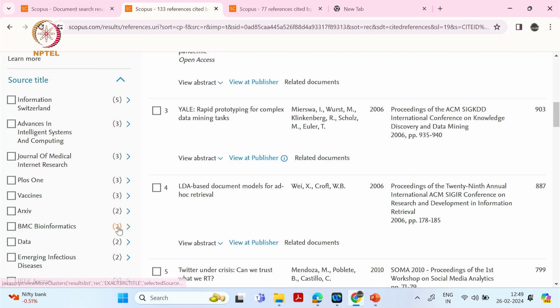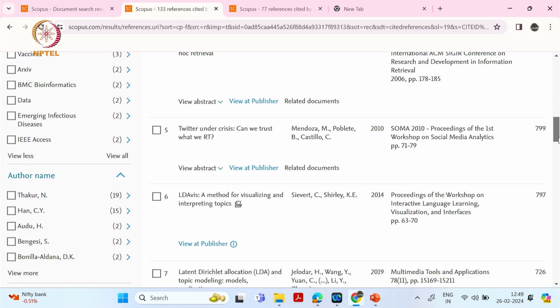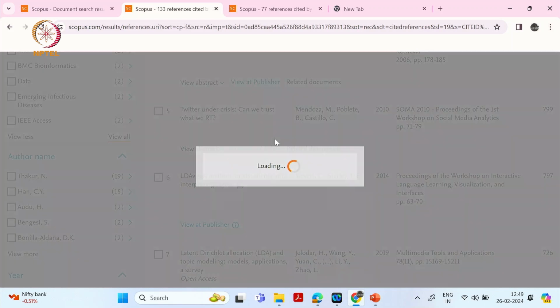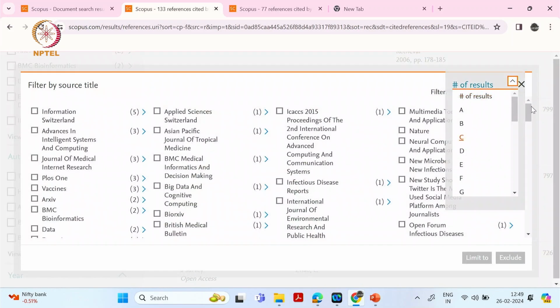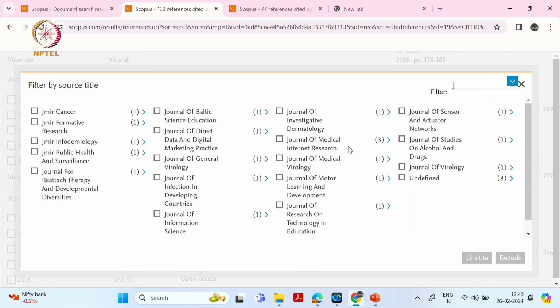I'll do all, and I'll go with J. So if you note here, now we have 77 references in one paper and 133 references in another paper. Based on this, we can make pairs of journals.